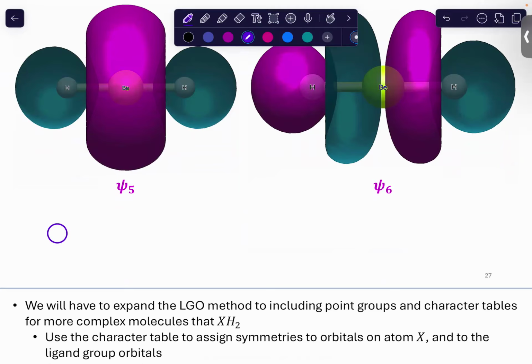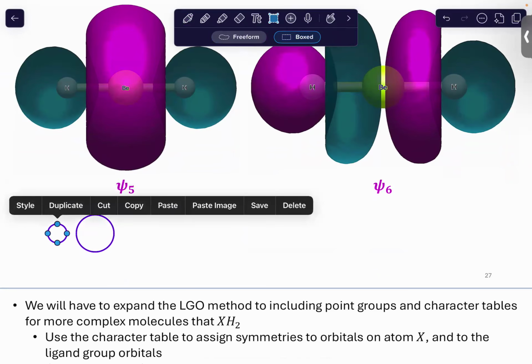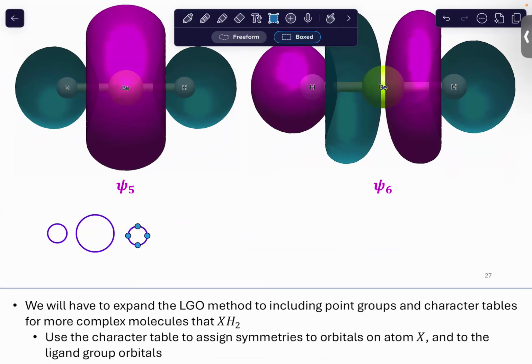Now, what we could say is, I'm just going to go ahead and put a big S orbital in here. And I'm going to make this S orbital be an opposite phase. So you can see what happens is as it interacts with those S orbitals on the hydrogens, it gets sandwiched. And that's where you get that structure in the center.